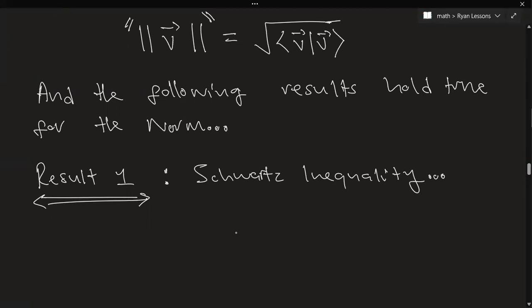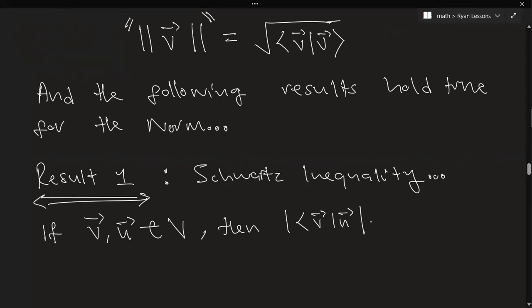The Schwarz inequality states that if v and u are elements in V, then the norm of the inner product of v and u is less than or equal to the norm of v times the norm of u.